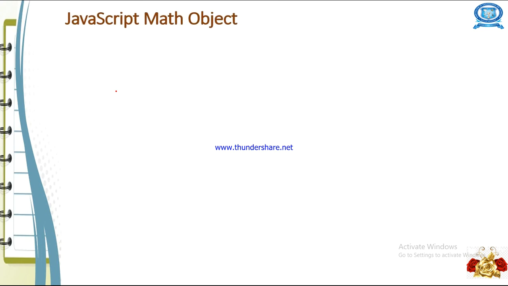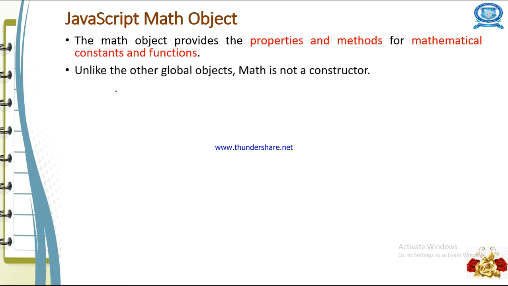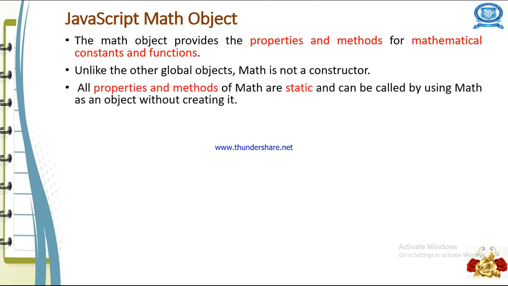So next, JavaScript math objects. The math object provides the properties and methods for mathematical constants and functions. Math is a global object, not a constructor.